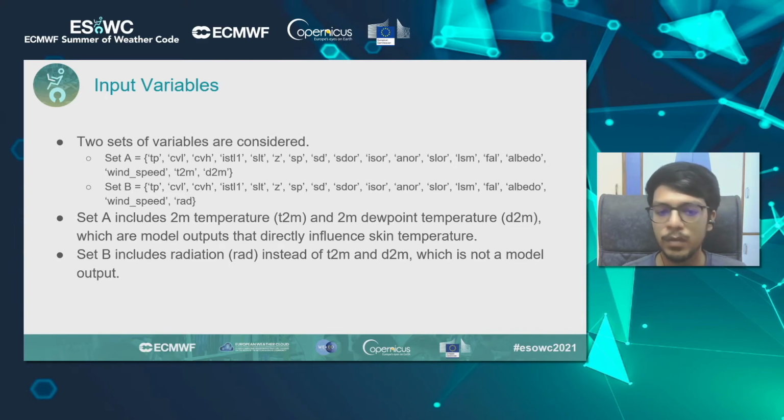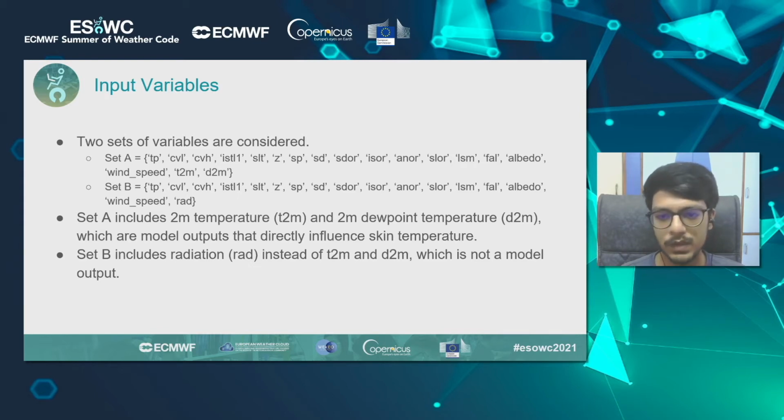We don't always want that used in our model, because that is in a way cheating, getting the output before actually trying to predict it. In set B, we have radiation, which is not a part of the model. So in this set, the model has to understand and come up with the predictions entirely on its own. These are the two sets of variables we consider.